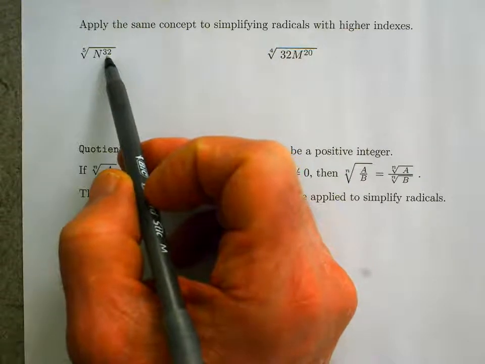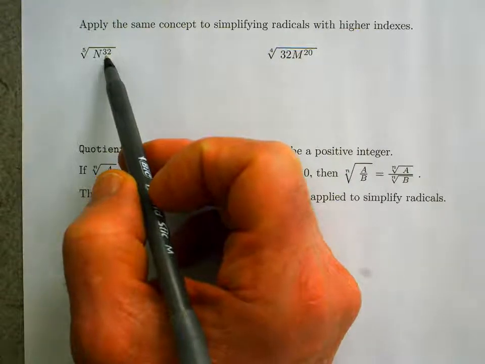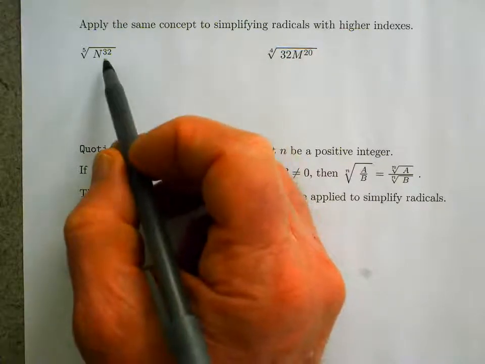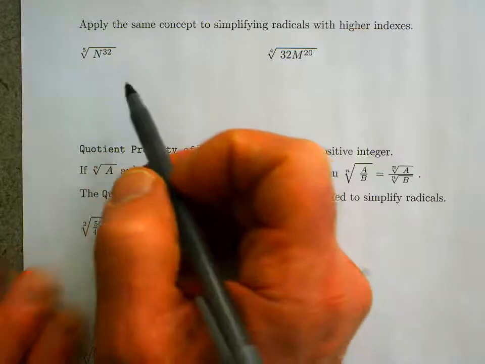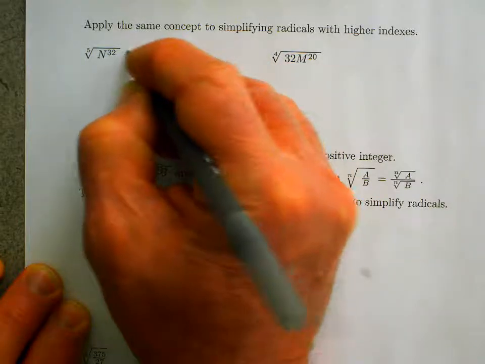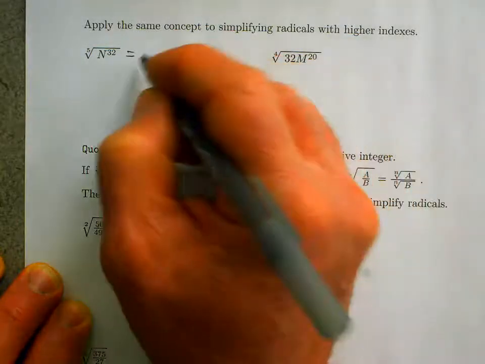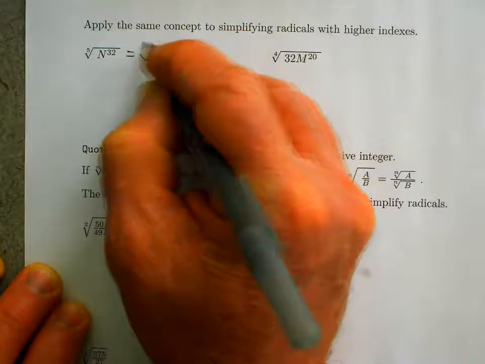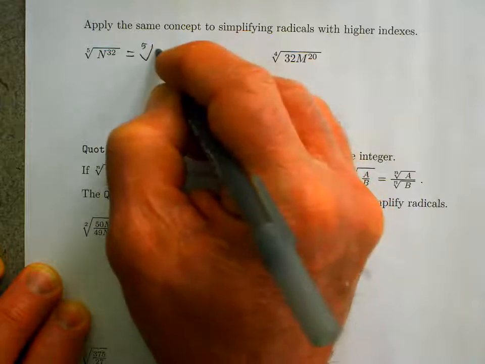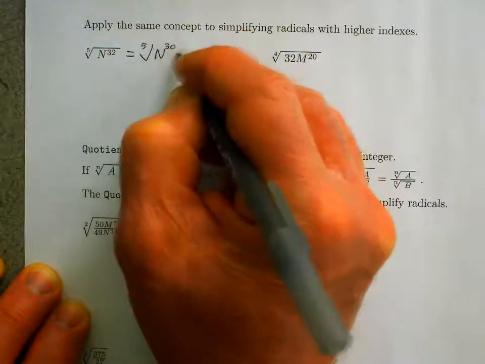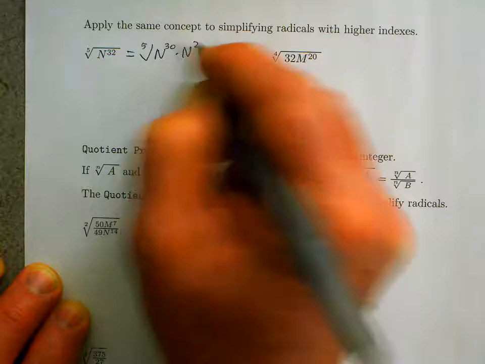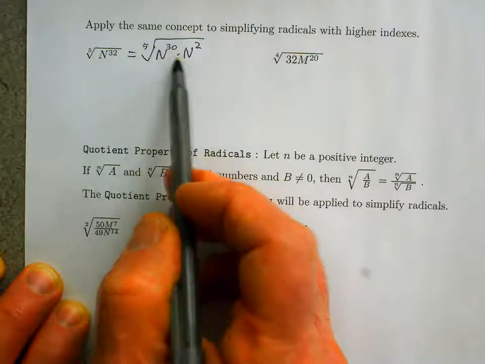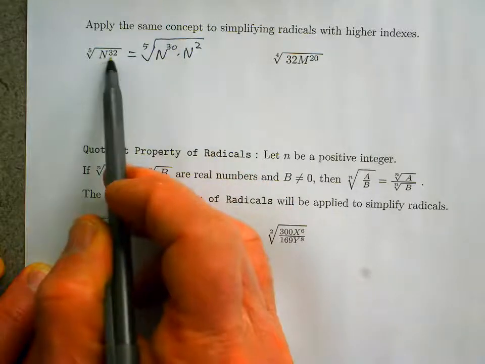The next integer less than 31 is 30, and 30 is a multiple of 5. So our intermediate step, we rewrite the fifth root of n to the 32nd as the fifth root of n to the 30th times n to the second, because n to the 30th times n to the second is n to the 32nd.